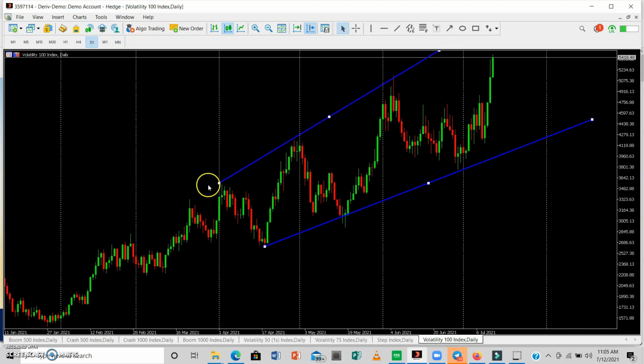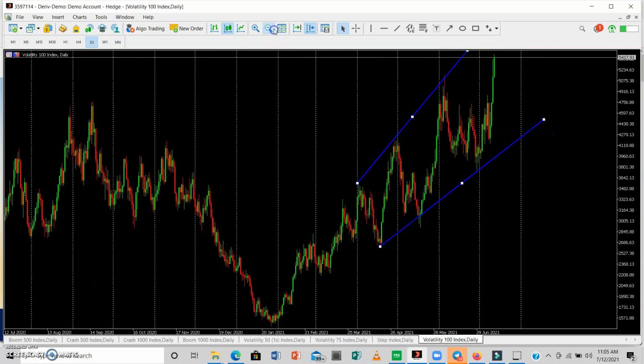So clearly price has been moving within this nice channel. So what we can now start to conclude is this upward momentum is going to continue up until we reach somewhere above this top blue trend line, right?